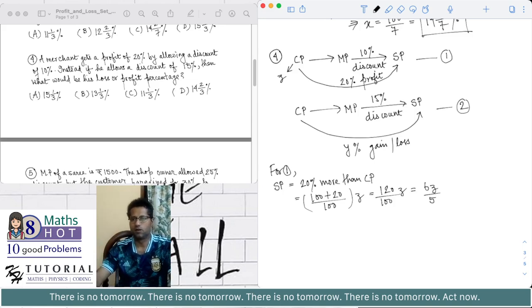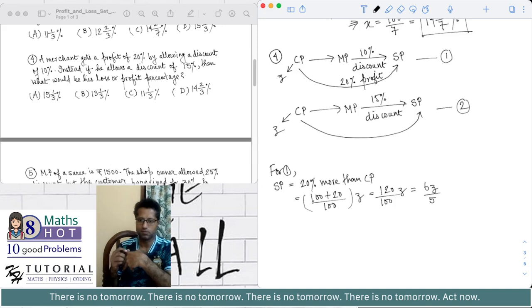Now, it is not required to assume this y% gain. We can find out based on the SP and CP. Let's see. So definitely for the second case also, this z cost price will remain the same. Also, the mark price will remain the same. From the first scenario, we can find the mark price in terms of z.